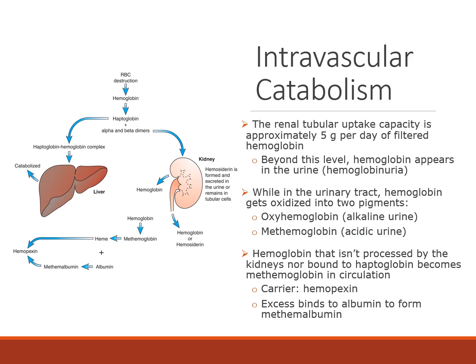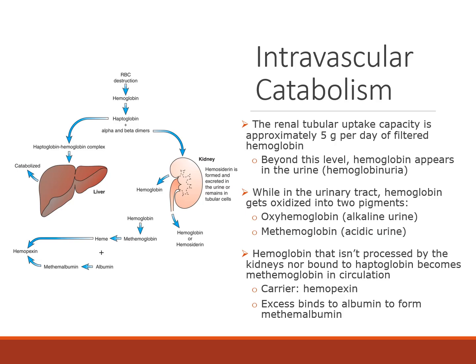I don't expect you guys to know all of that. I do want you to know what the carrier protein is as a backup to haptoglobin. I want you to know about hemoglobinuria. I just want you to know the general overall process that happens.